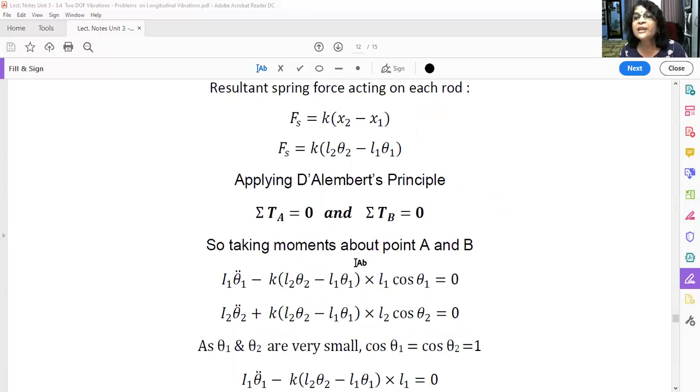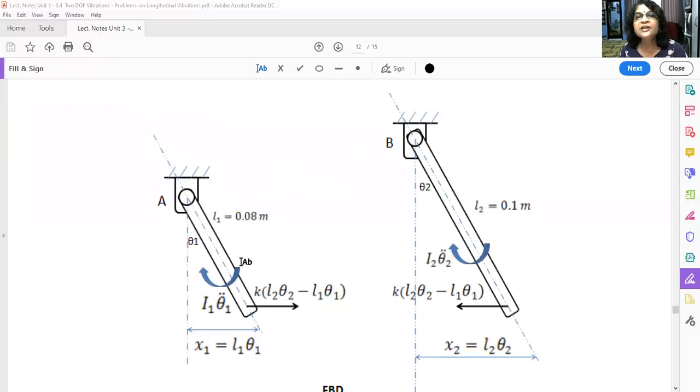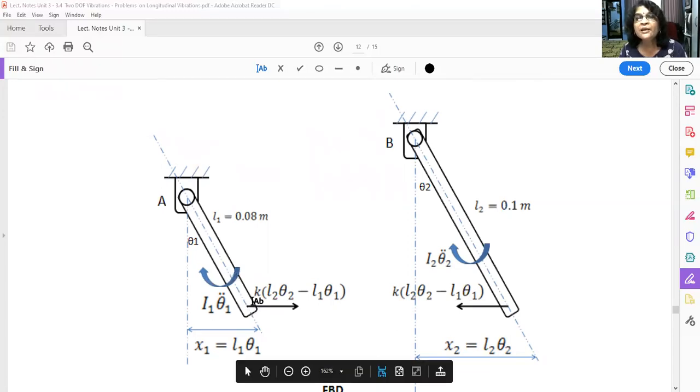Now taking moments at A and B. Let us see the direction. For this rod, the inertia torque is clockwise, so we assume the clockwise direction positive. This is positive: I1 θ1 double dot. Now this spring force will exert a torque about A in which direction?